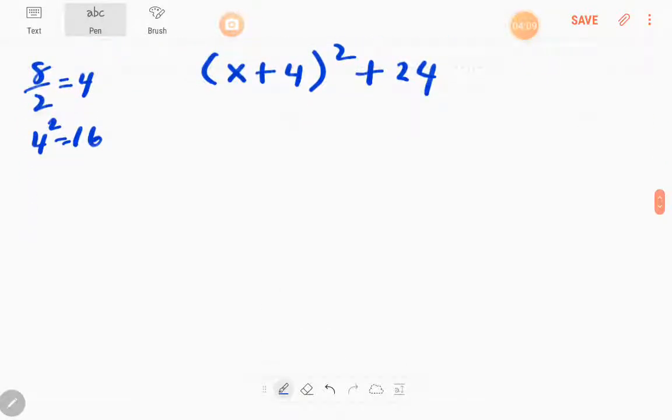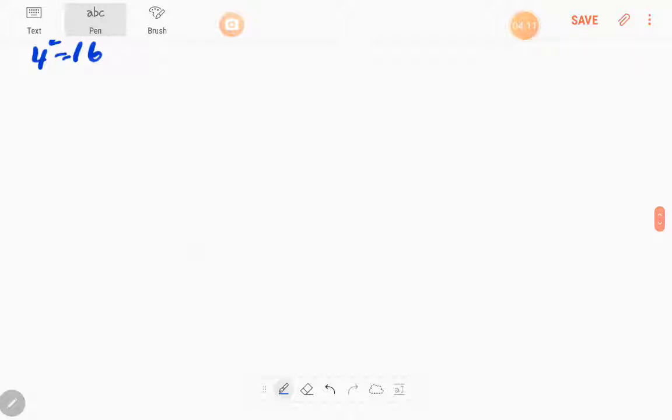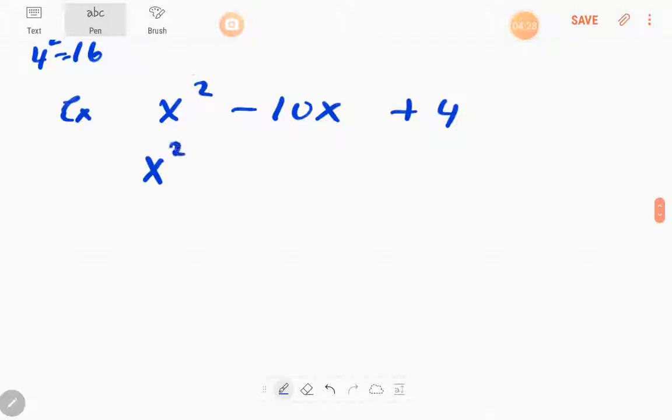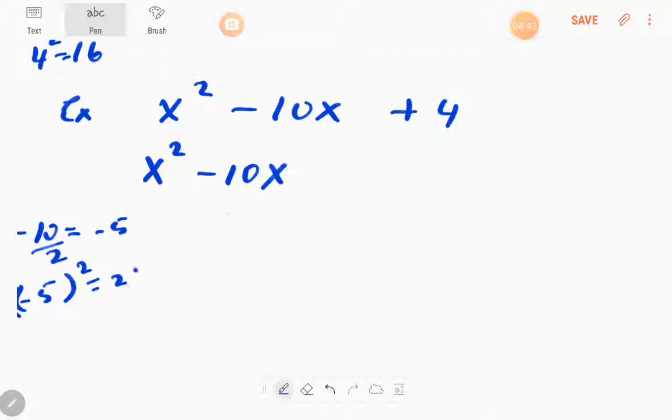Okay, let's look at another example. Here we have x squared minus 10x plus 4. So here, half of 10 is 5. So even though it has a minus sign, when we divide by 2, we have minus 5. But when we square minus 5, it becomes plus 25.